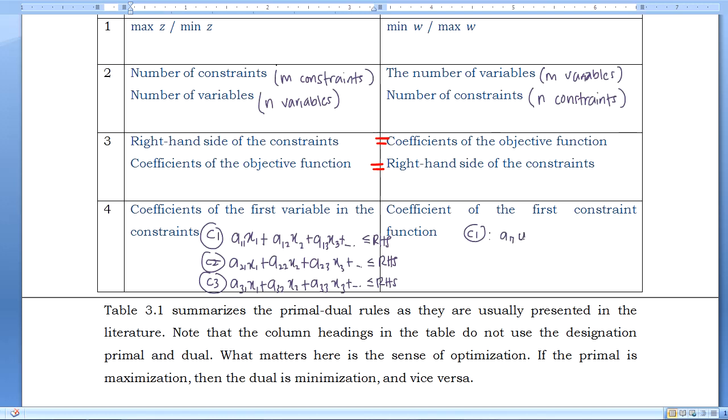Let's say in the dual, the first constraint will have a11 y1 plus a21 y2 plus a31 y3, and then the sign of the constraint and the right hand side, maybe the sign is less than or equal to. This is an example. From here we can see the coefficient of the first variable in the primal becomes the coefficient of the variables in the first constraint.